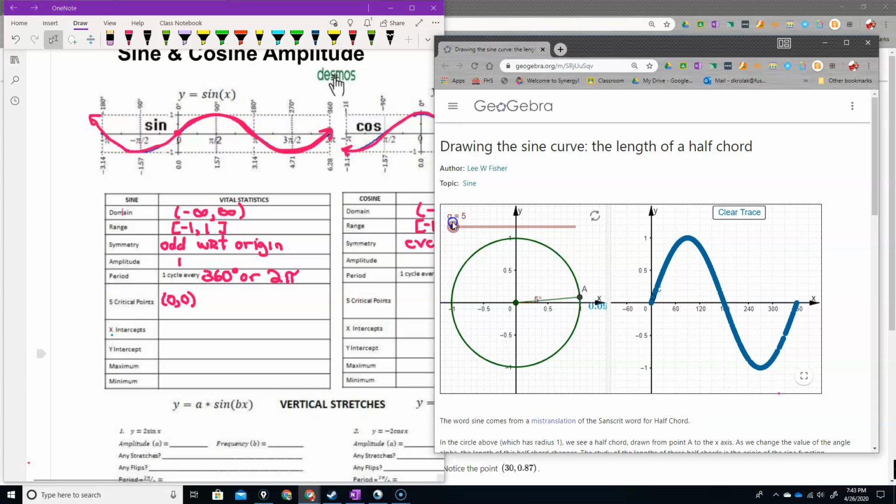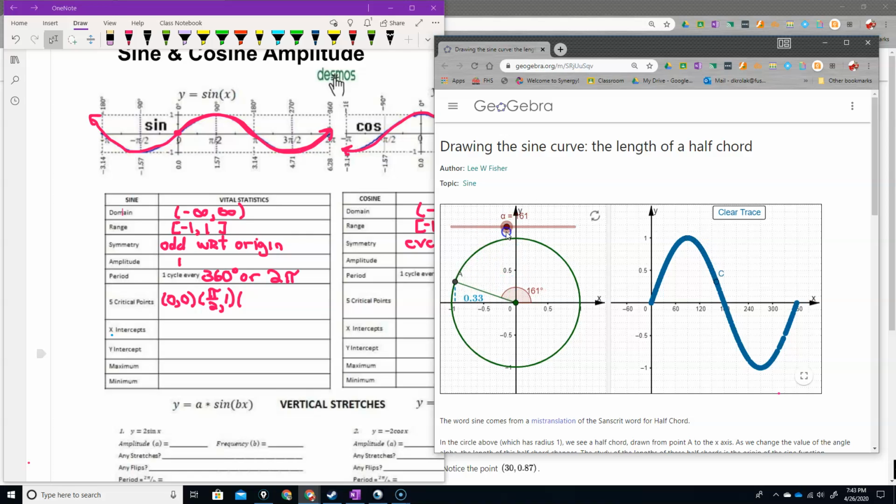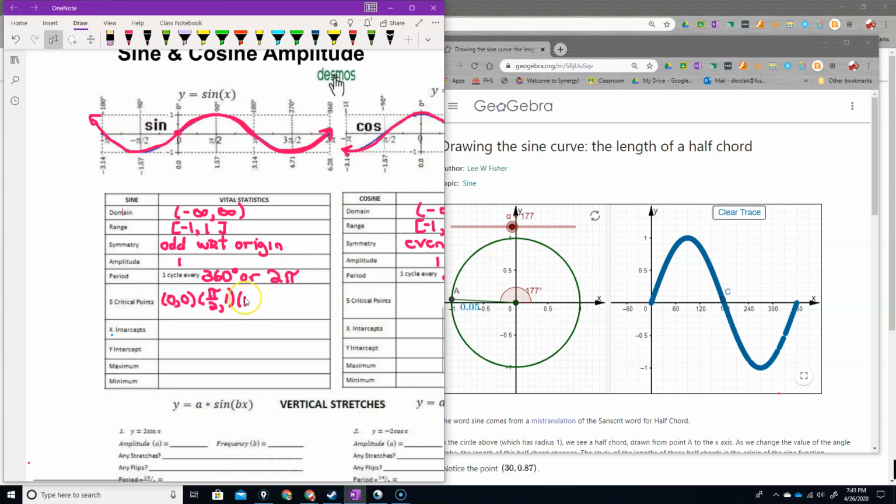Now when I go up to 90 degrees, pi over 2, my sine is equal to 1. Okay, my next one is when the angle is 180 degrees, or pi. Now sine is 0 again.